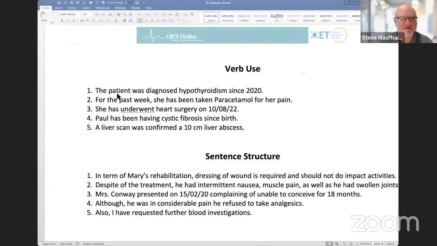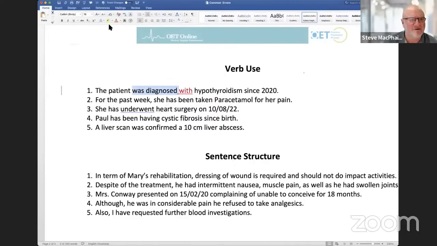All right, verb use. The patient was diagnosed hypothyroidism since 2010. We're missing a preposition, so let's put that in: was diagnosed with. But something's wrong here. Can you see it, everyone? We've got was diagnosed, which is our verb tense, and we've got since 2010, which is our time marker. Those two things aren't in alignment, right?